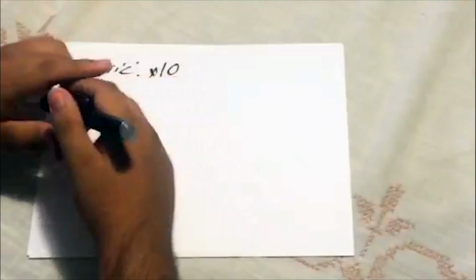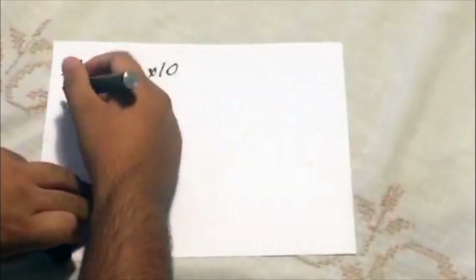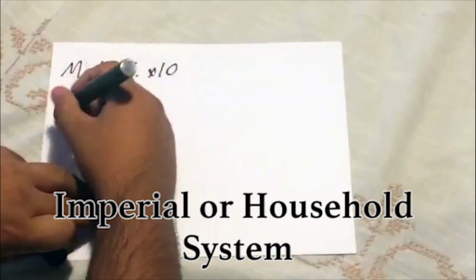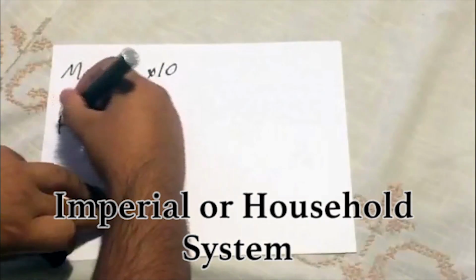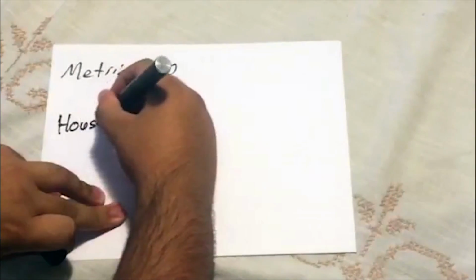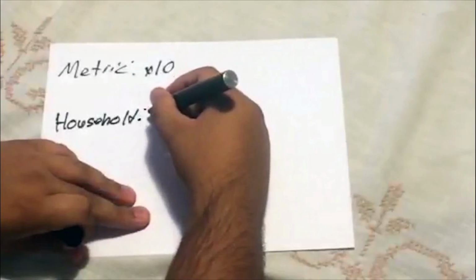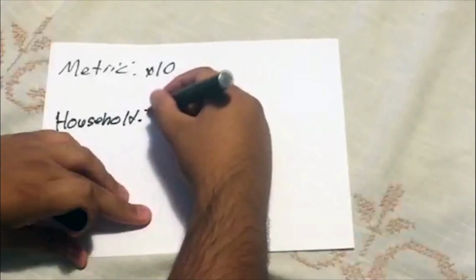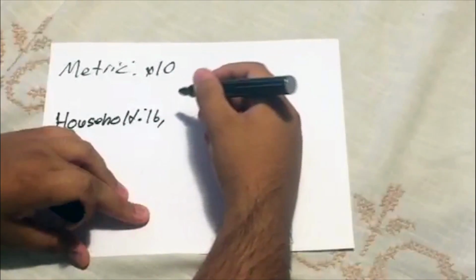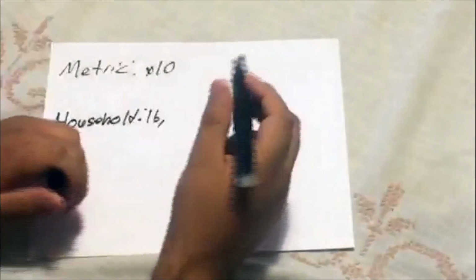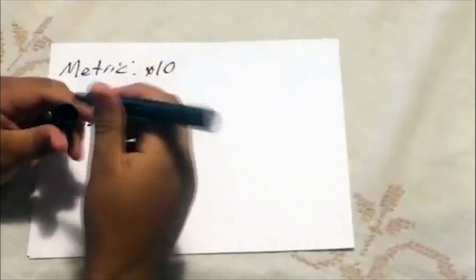The second most used, especially in America, is the empirical or household. So, household. And that is going to be your cups, your pounds, your ounces, your liters, your gallons.